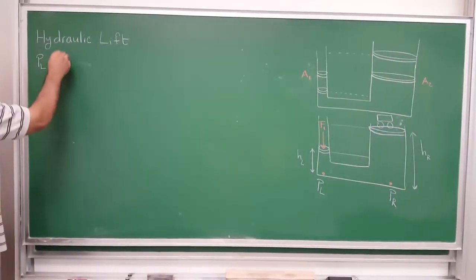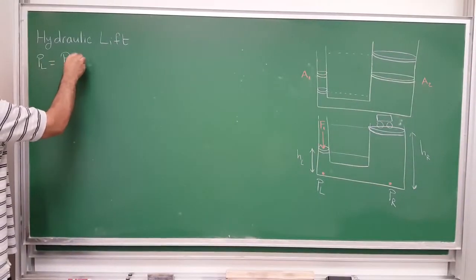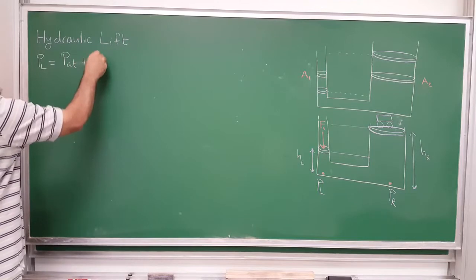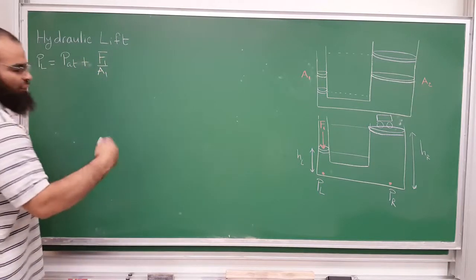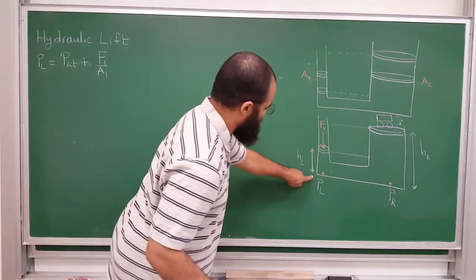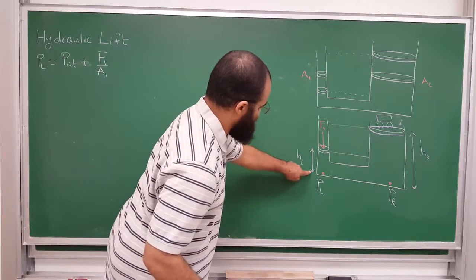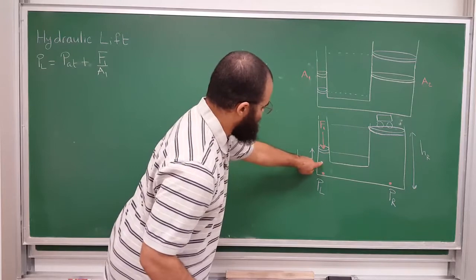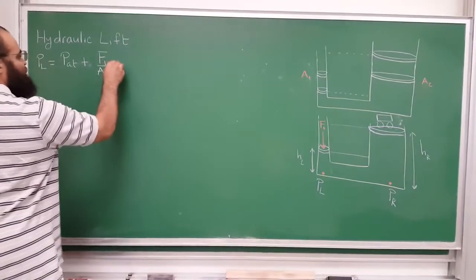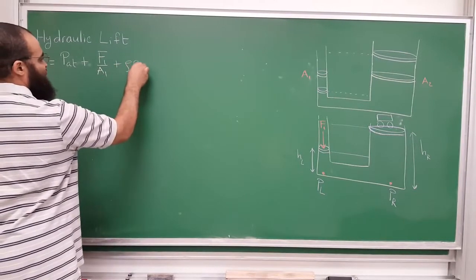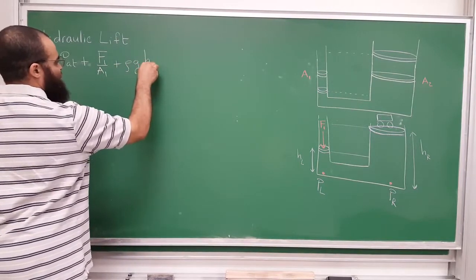So you will have P atmospheric plus F1 divided by area 1. In addition to that, you would have rho g h, the density of the fluid times gravity times the depth on the left.